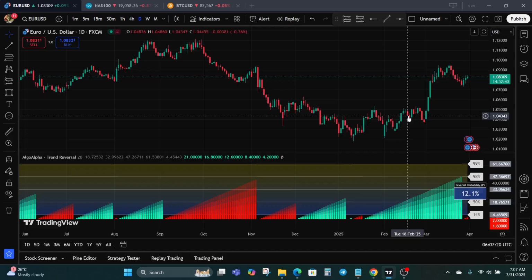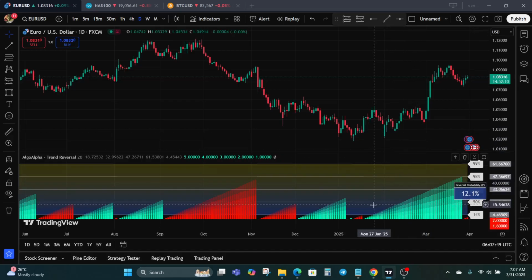So the trend reversal probability indicator is designed to help you spot those potential trend reversals before they happen. It simplifies the process by providing clear, actionable signals that help you avoid making trades in the wrong direction.